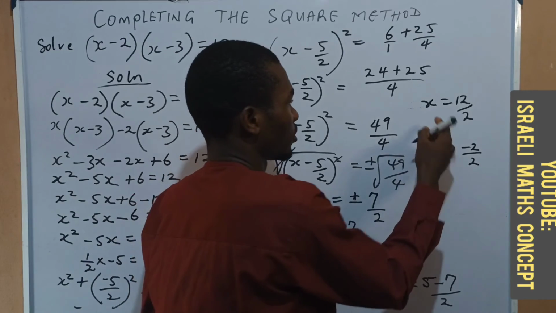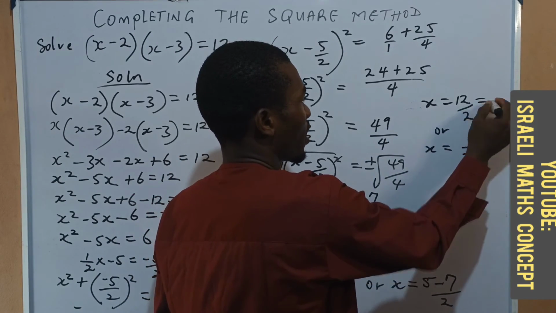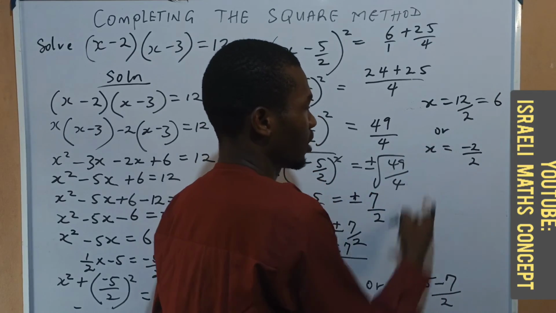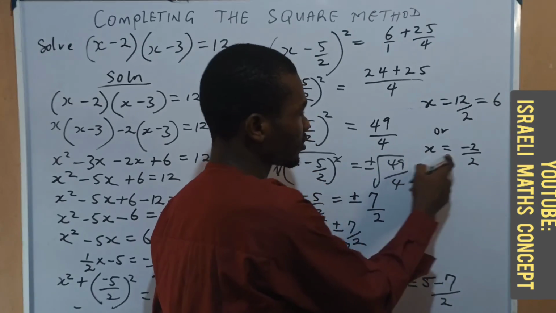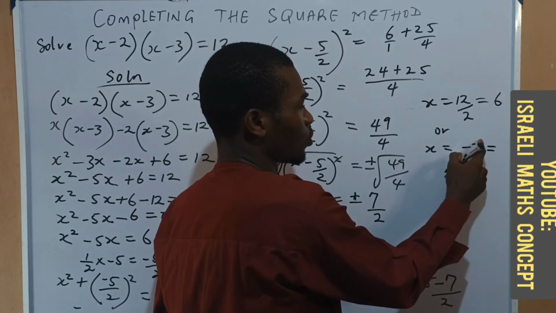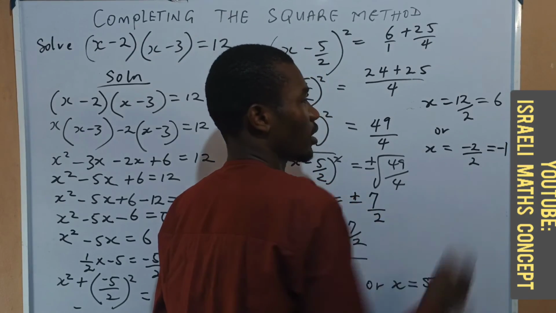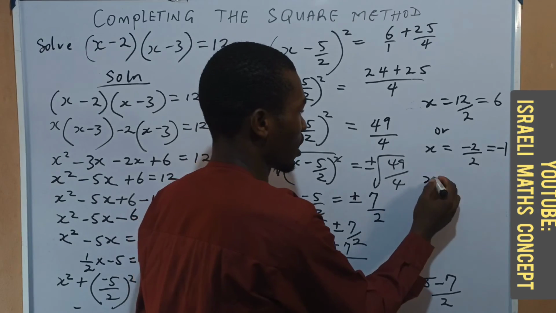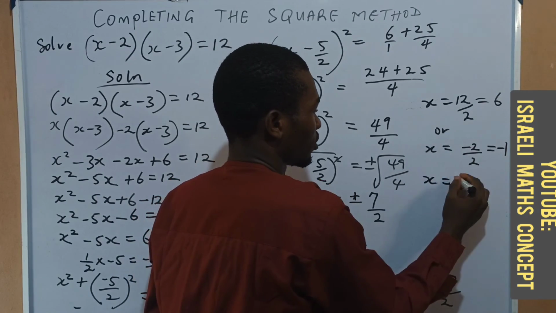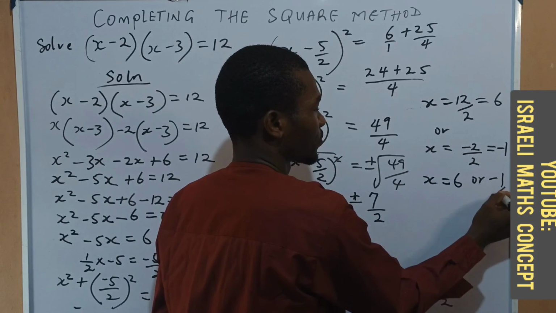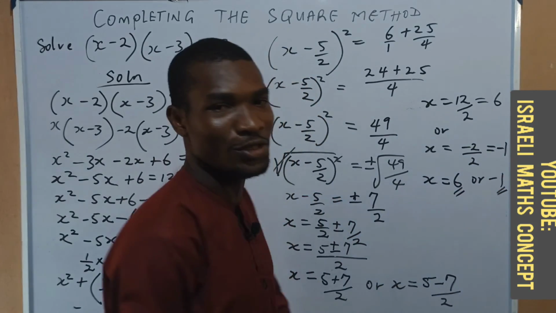Such that coming here, our x is now equal to 12 divided by 2, we have 6. And also coming here, our x is equal to negative 2 divided by 2, will give us negative 1. Hence, the roots of the equations are x equal to 6 or x is equal to negative 1. These are the roots of the given equation.